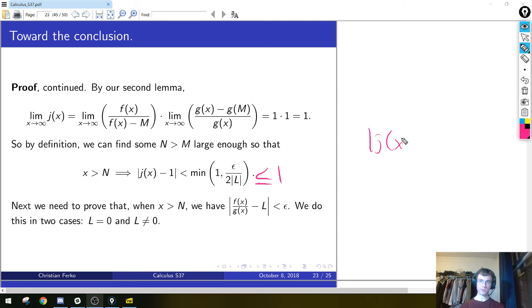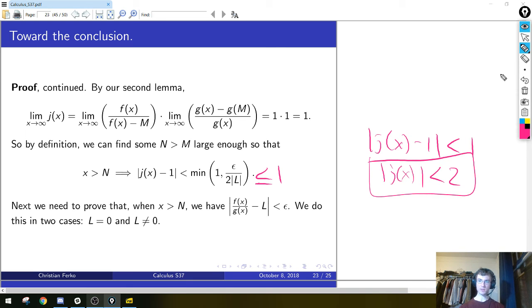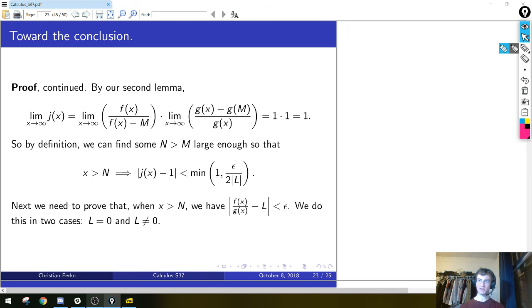So certainly j of x minus 1 is less than 1. So if you just split this, one of the things that this implies is that certainly j of x is less than 2 in absolute value. Because if it were bigger, this would be false. So this is just splitting absolute value inequalities into piece inequalities.